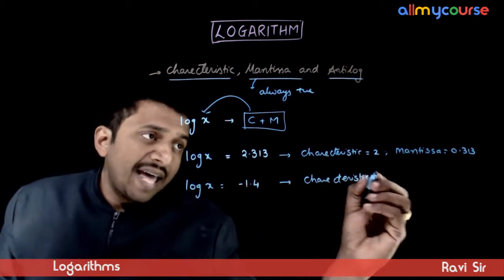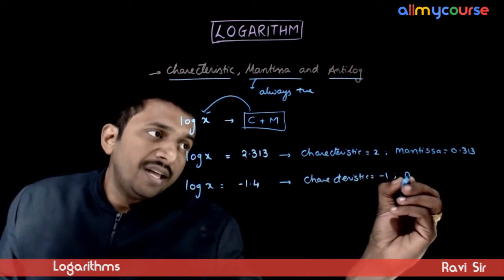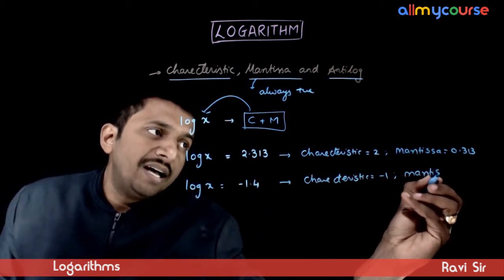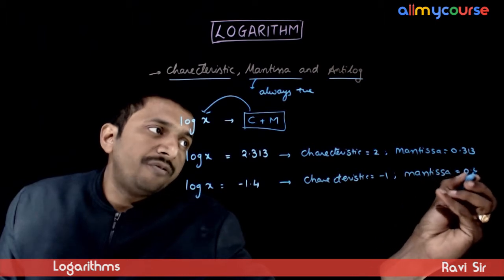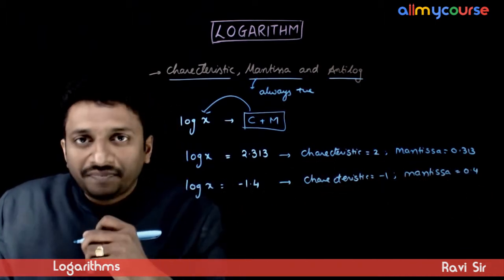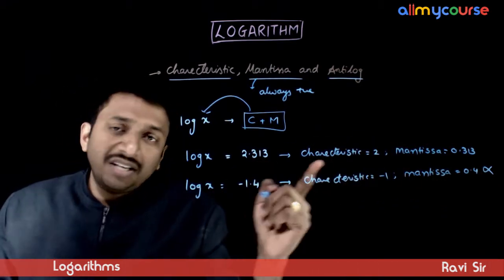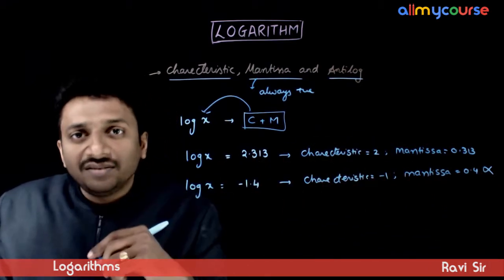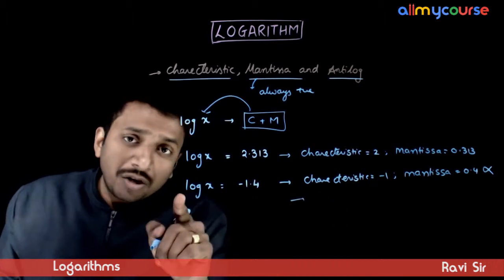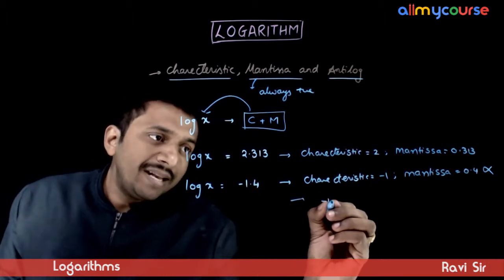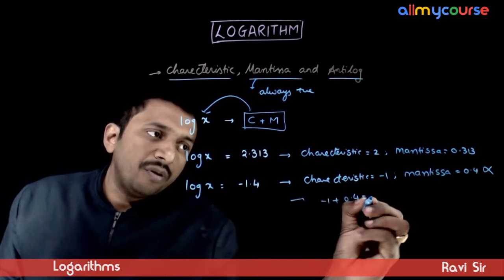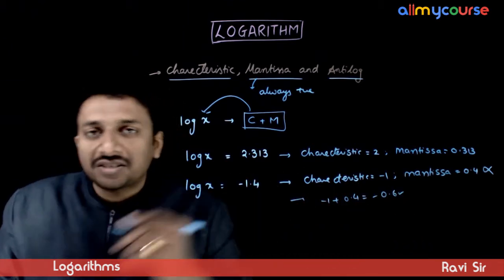If I write the characteristic as minus 1 and the Mantissa as 0.4, it leads to a contradiction. This is wrong, because if the characteristic is minus 1 and the Mantissa is 0.4, what should be the value of the log? Minus 1 plus 0.4, which is equal to minus 0.6.